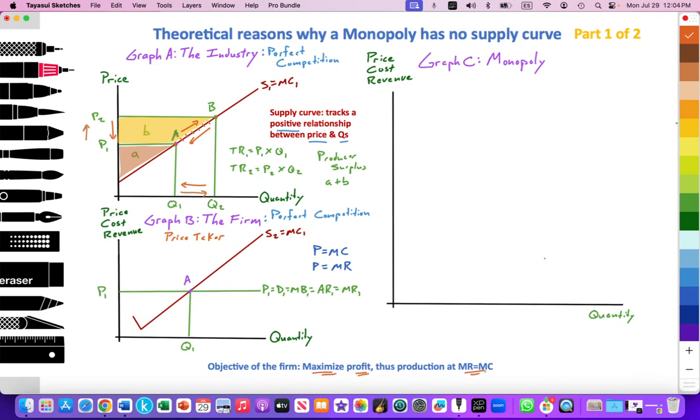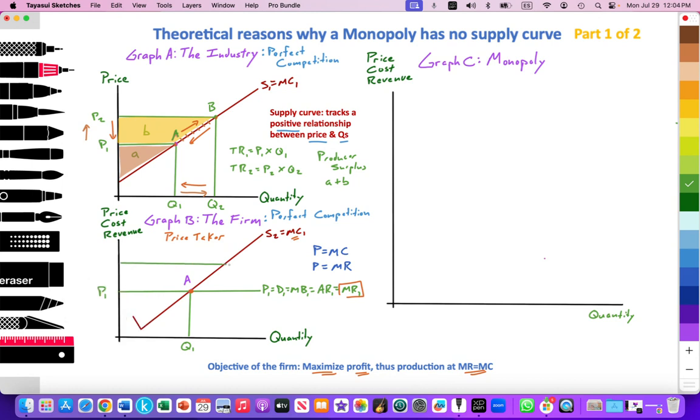So they'll produce where MR equals MC. So here's MC, here is MR, and they intersect at point A. So at point A, the firm in perfect competition is maximizing their profit, and they'll produce a quantity of supply at Q1. If the industry has a price rise from P1 to P2, we can illustrate that.